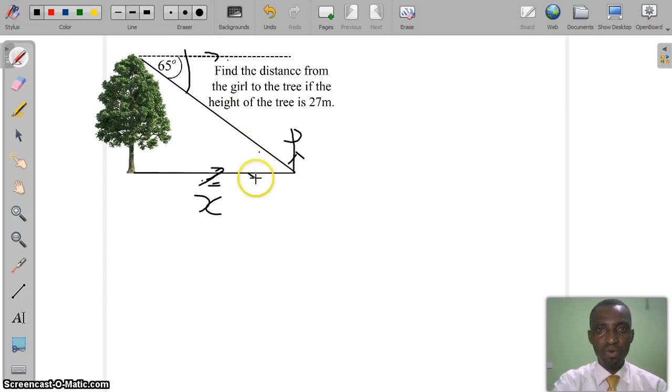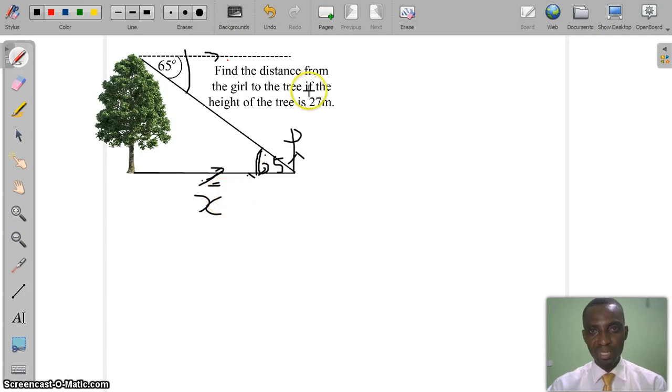So you can call this angle 65. My writing is becoming the problem here. So 65 will be here. And since we have this angle 65, its opposite is the tree, and adjacent becomes the x that we are supposed to calculate.